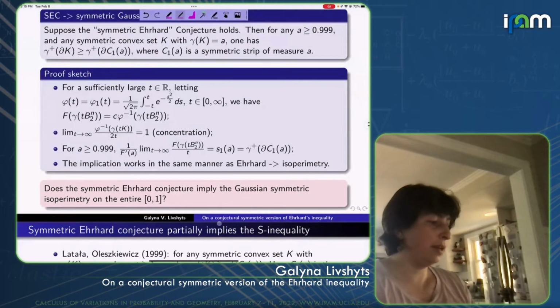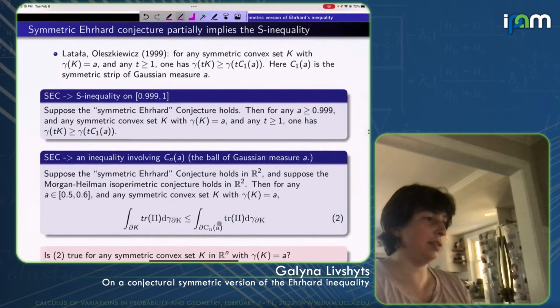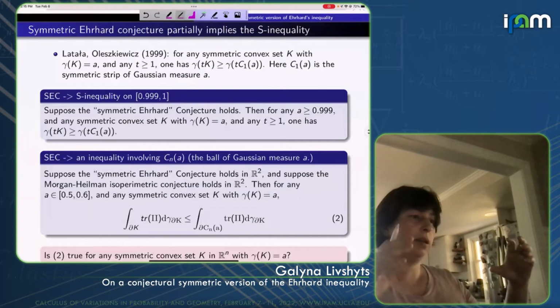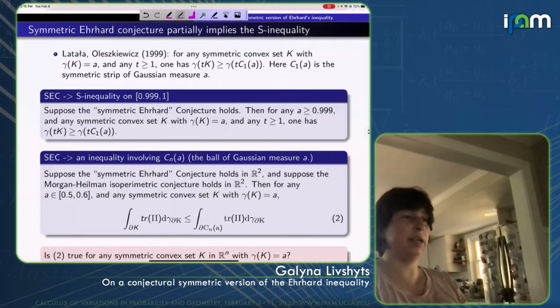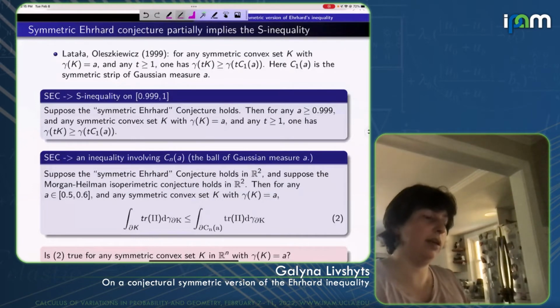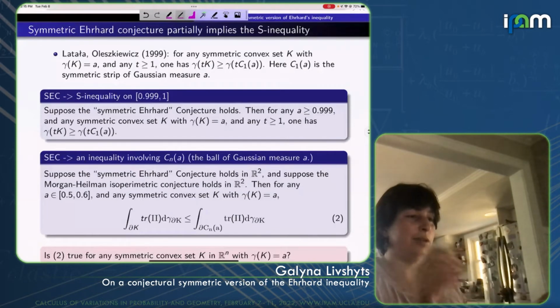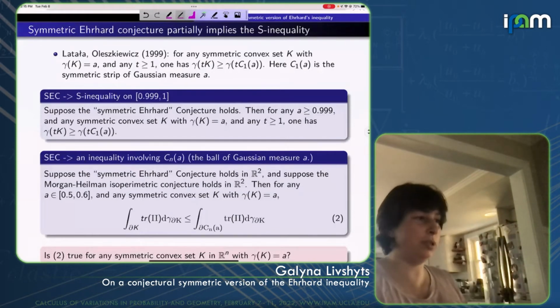So that's one thing. Now, another very nice inequality about the Gaussian measure of symmetric convex sets is the S-inequality of Latała and Oleszkiewicz, which says that if we have any symmetric convex set K with fixed Gaussian measure, then for any t bigger than 1, the measure of the dilation of K is bigger than the measure of the dilation of the strip, where that strip has the same measure as K. So again, if that symmetric Ehrhard conjecture holds, then for an interval close to 1, one could deduce that S-inequality.